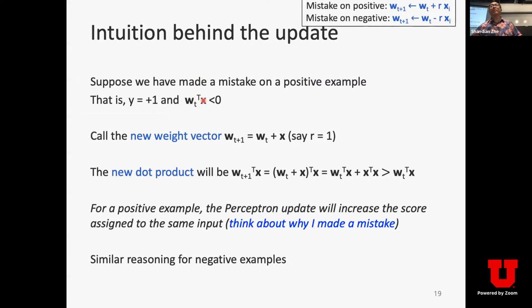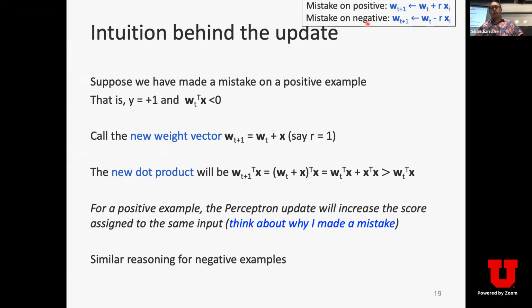It's below 0. By following this updating rule, you are actually increasing your classification score. That's the right direction, because your mistake was due to the too small value. If I want to correct the mistake, at least I should increase my score.